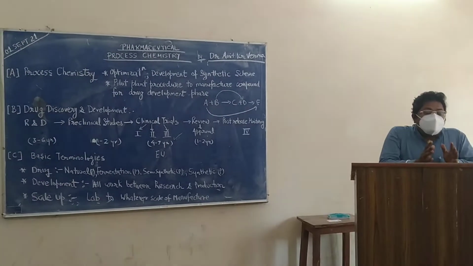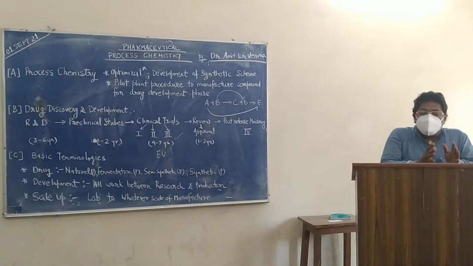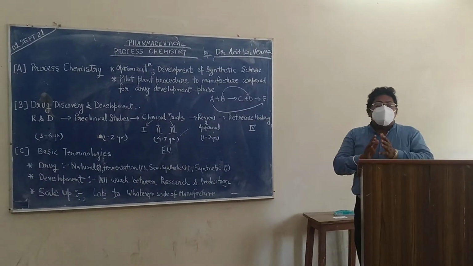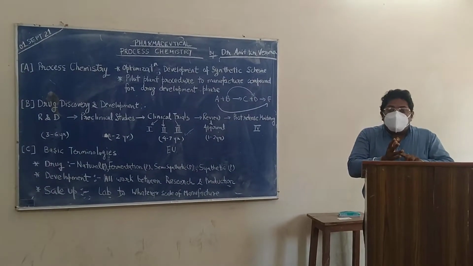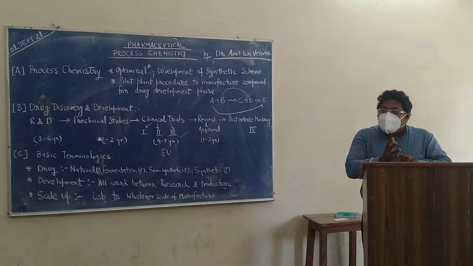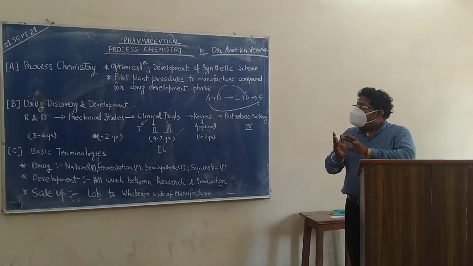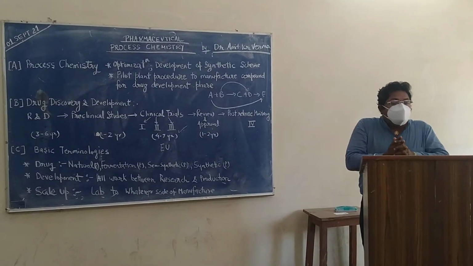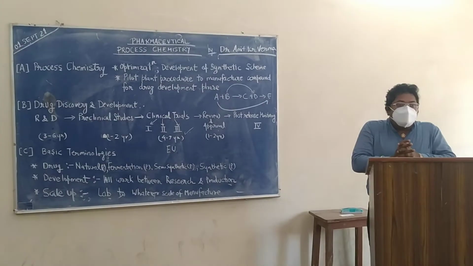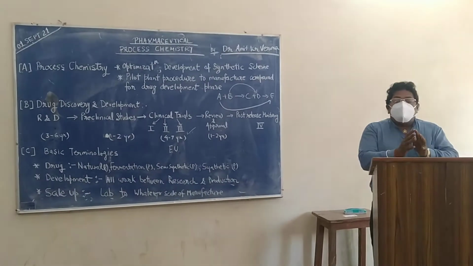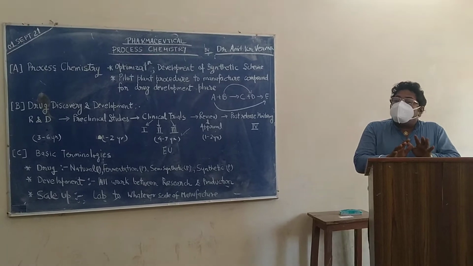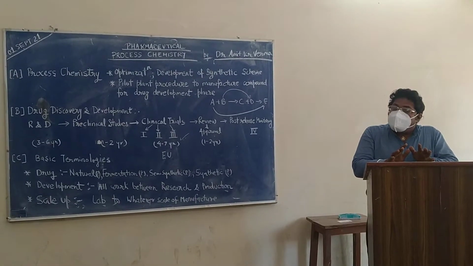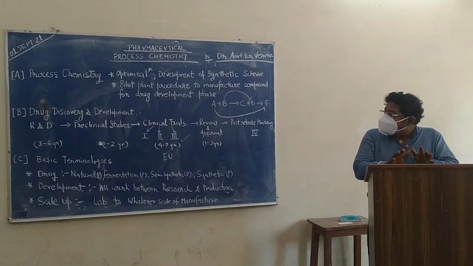So in this definition we have seen that there are two things: optimization and development of the synthetic schemes, and it also includes the pilot plant procedures for the manufacturing of the compound. So basically it relates to the processes which go into the manufacturing of pharmaceuticals.